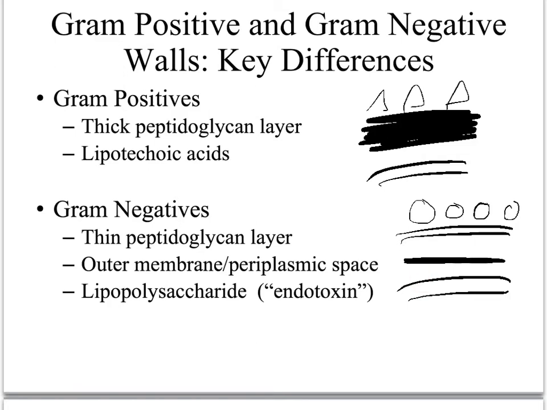The reason why it's important to note from a cell biological perspective is that if you think about things like membrane transport, things need to go out of a cell and come into a cell.